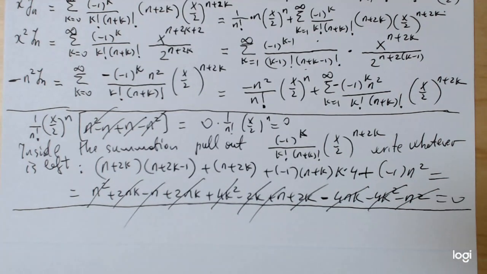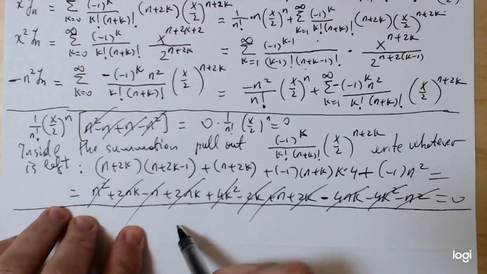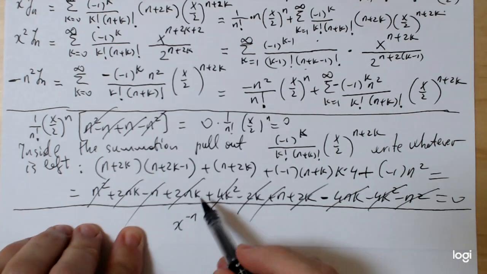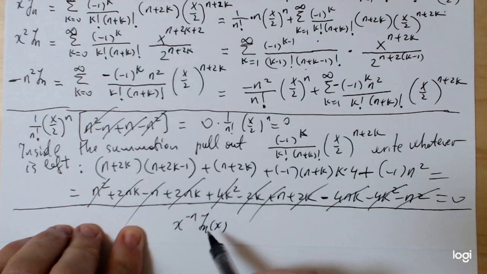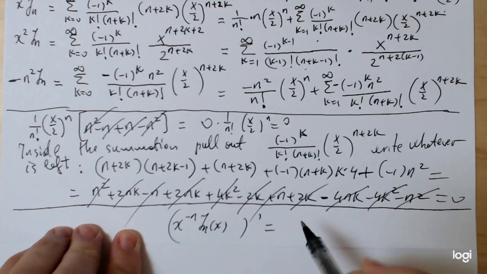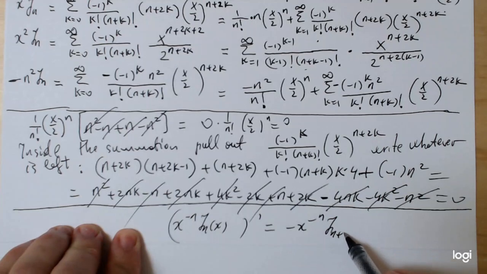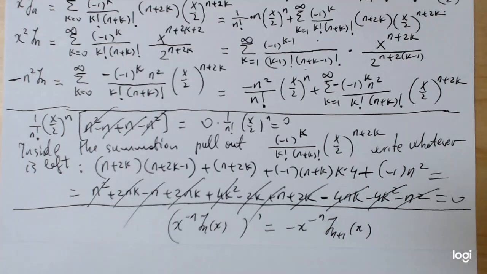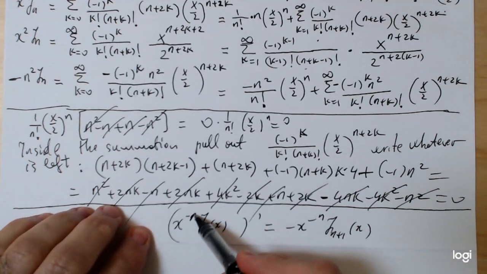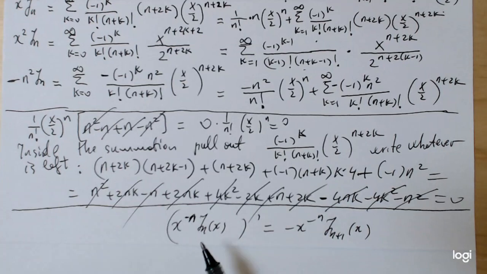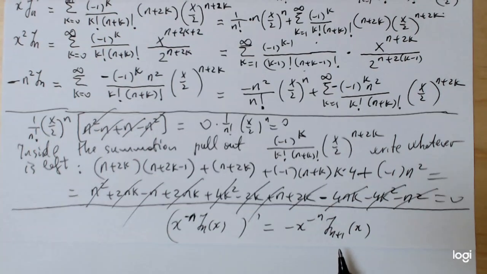So here's one of the rules we're going to learn: x to the negative n J_n of x, if you differentiate this, is equal to minus x to the negative n J_(n+1) of x. So you could come up with various rules like differentiation rules, integration rules, as you will see later, in which you give the answer in terms of another Bessel function.